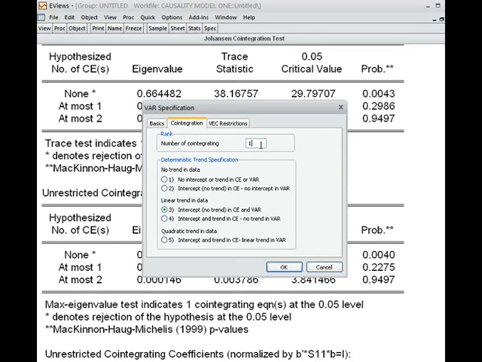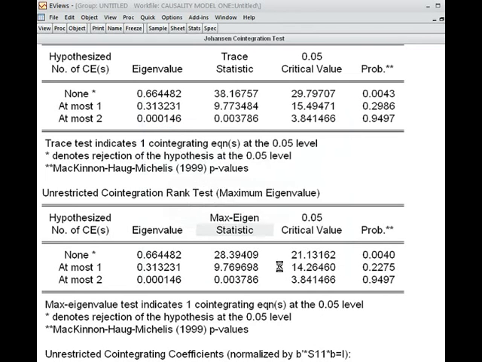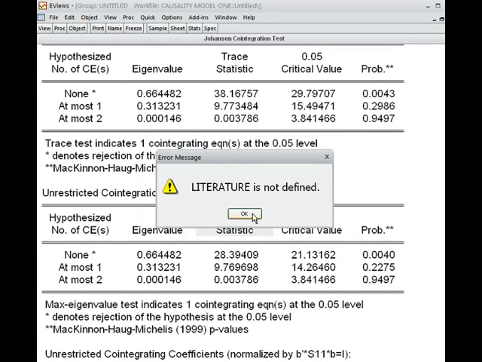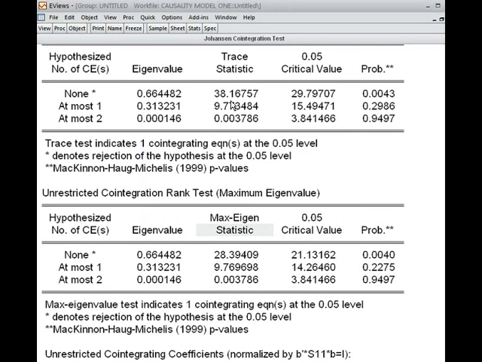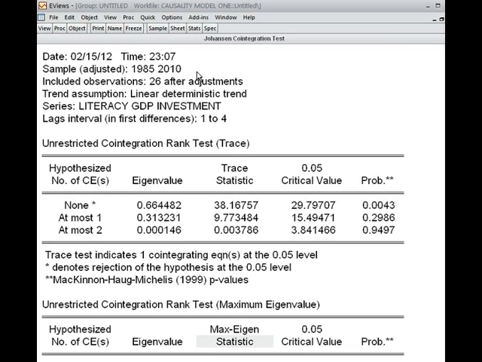Actually 1 is already given there, so I do not need to write 1. Then I choose number 3, right? Okay, then I run the model. Oh, sorry. I think I have done some mistake here. Oh, sorry, it is not literacy. I run again.